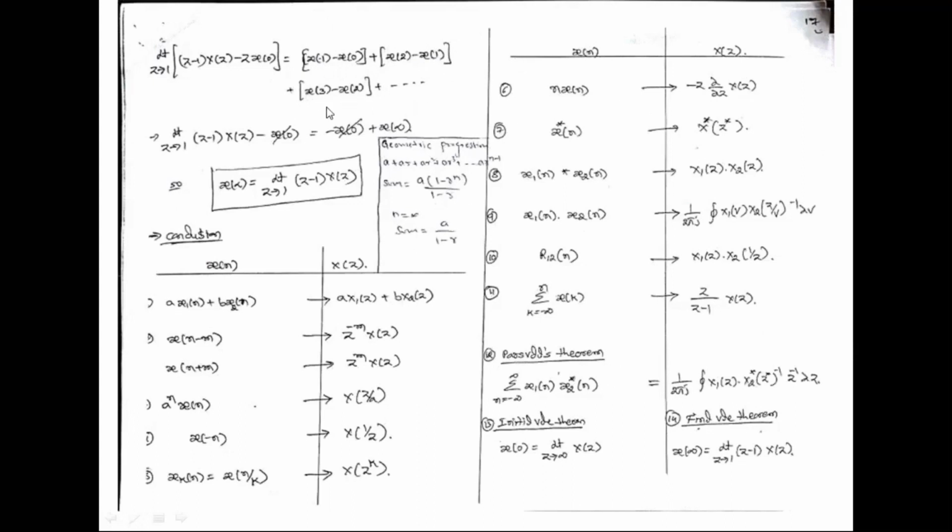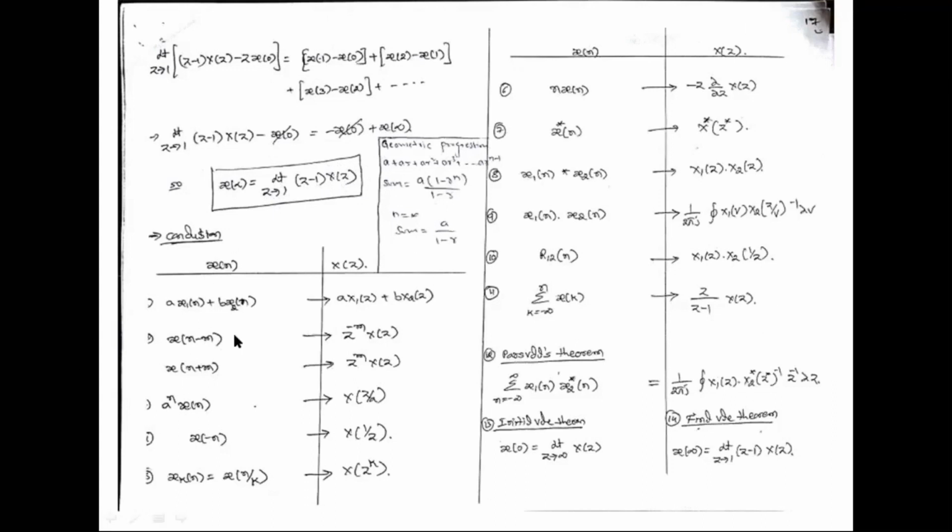Like that, all the terms get cancelled, but the last term x of infinity we will get. So x of 0 and x of 0 get cancelled. x of infinity is equal to limit z tends to 1, (z minus 1) x of z. Okay, the final value theorem.